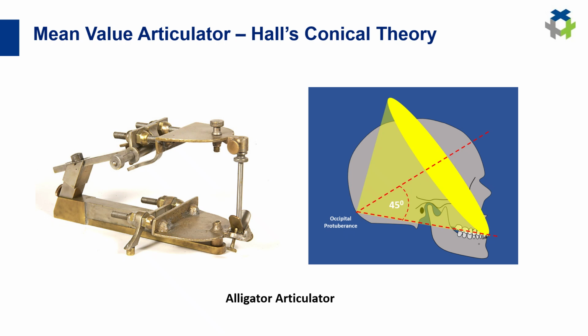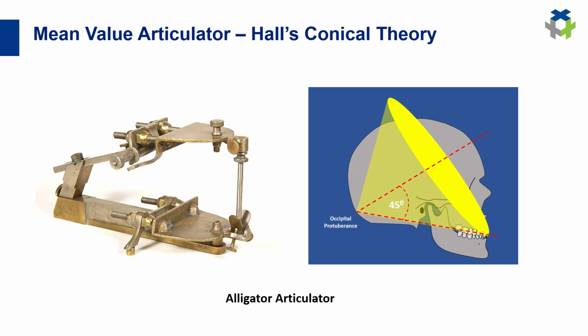So we have seen these two types of articulators, that is the non-adjustable articulator and the mean value articulator, which is also called the average articulator. Both these articulators are not very sophisticated. Basically, the non-adjustable articulators can open and close, but they cannot move in lateral directions.